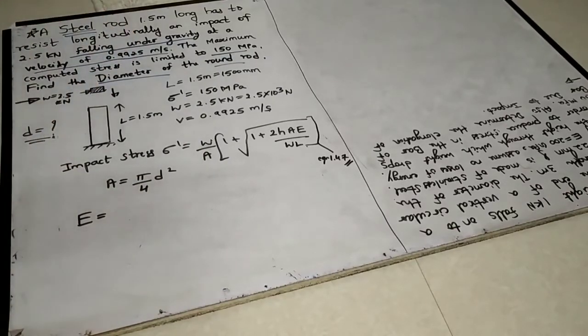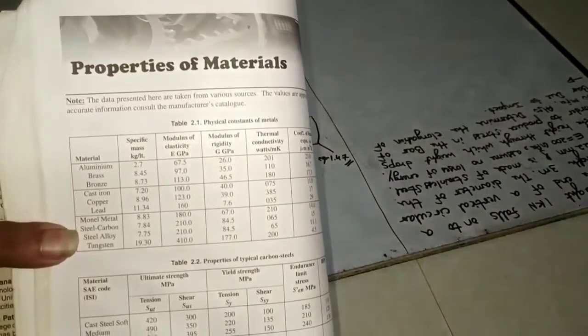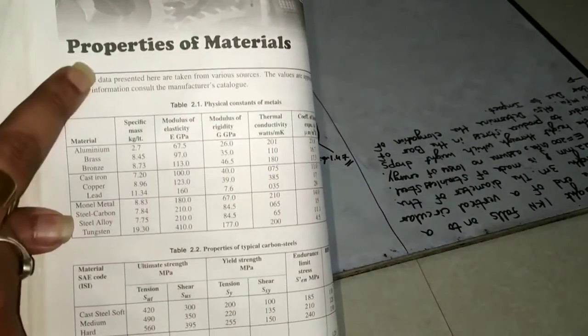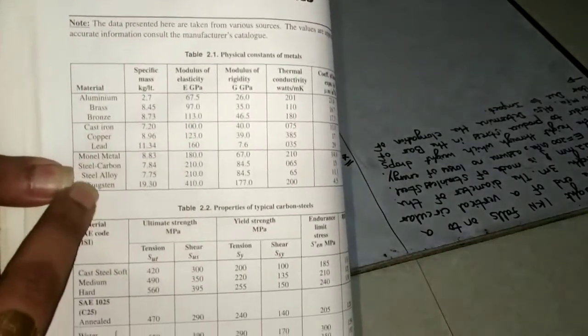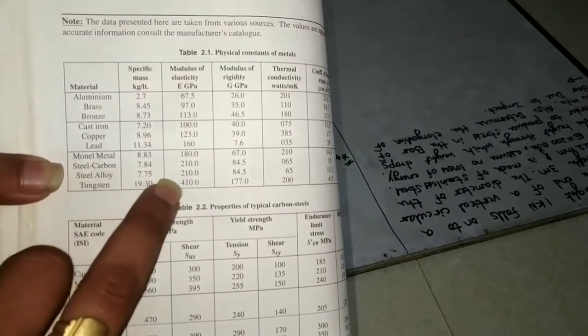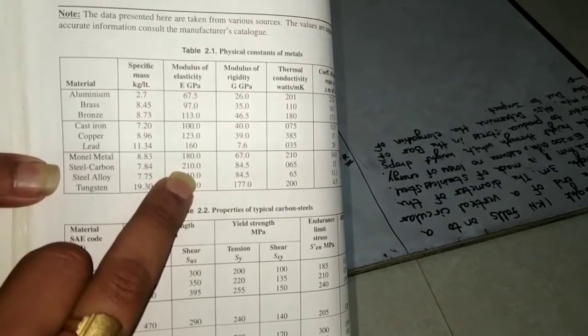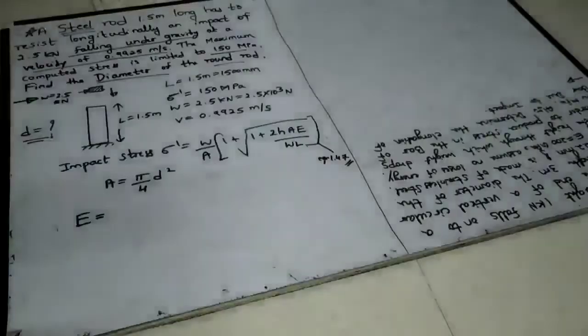Now, if they don't mention Young's modulus, you can just go to the design data handbook, page number 18. You have properties of materials. There are two types of steels, so you take any steel. What is the Young's modulus? 210 GPa. So we will take this.